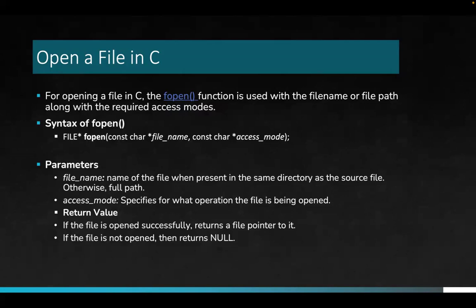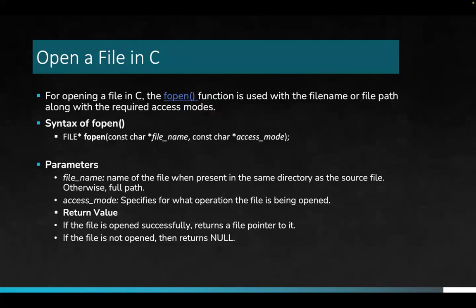Now, what is the return type that the fopen function gives? It's very important. If the file is opened successfully, it returns a file pointer. If the file is not opened successfully, it returns a null pointer. Null means it has nothing, zero. So that is a check.